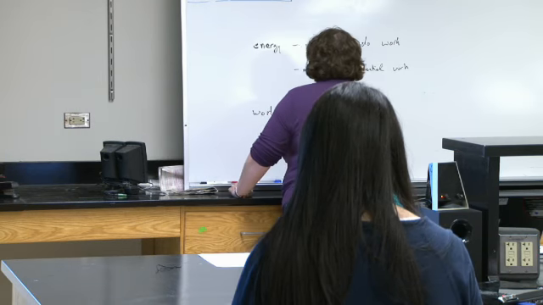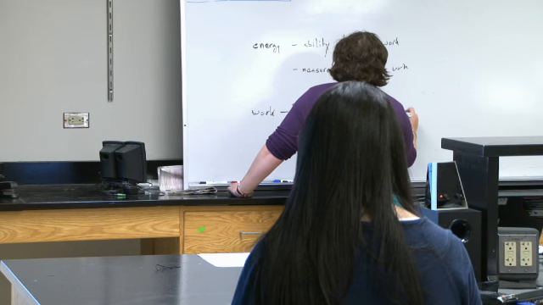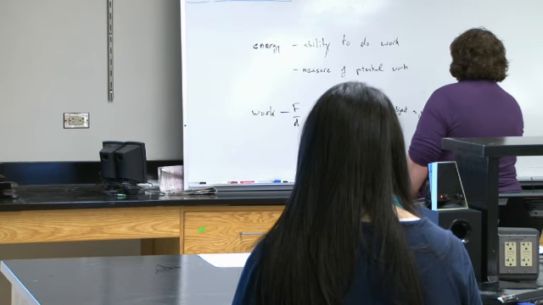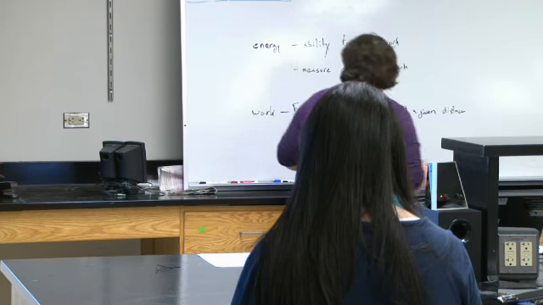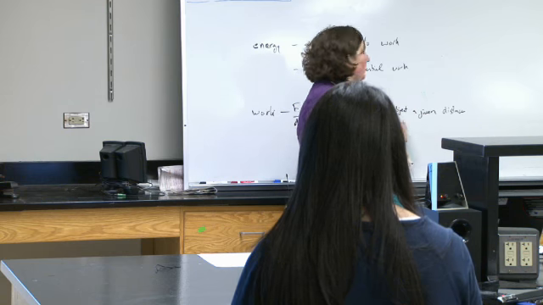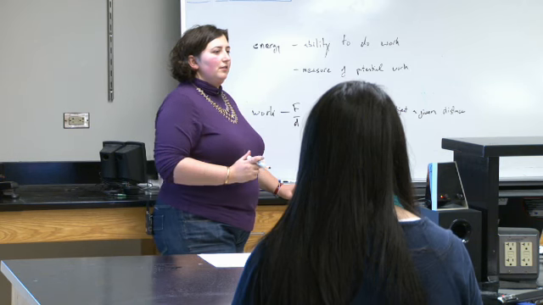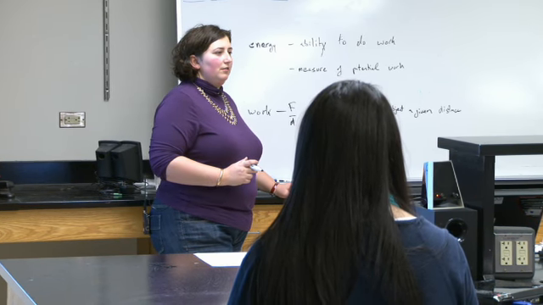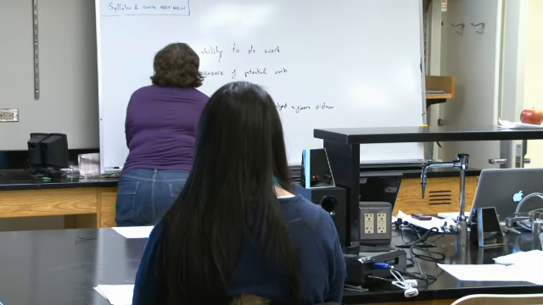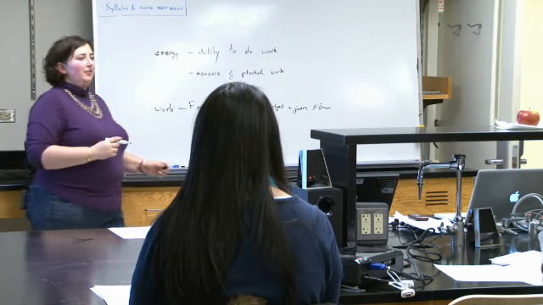Yep, okay. The thing that confuses me about that is you said work is force over distance, and then you said it's the energy to move an object over a given distance. So then I would think the equation should be E over D, not F over D. So it's force applied over a distance, not over a distance. Okay, so force over a distance. Okay, cool. Any other definitions?